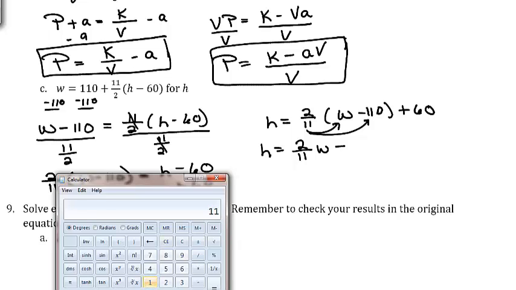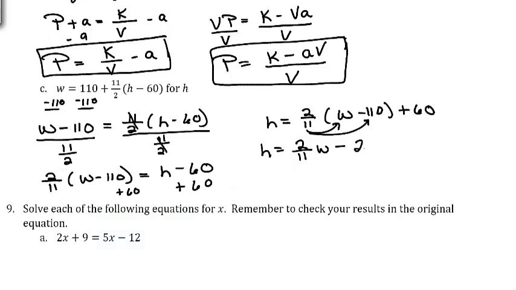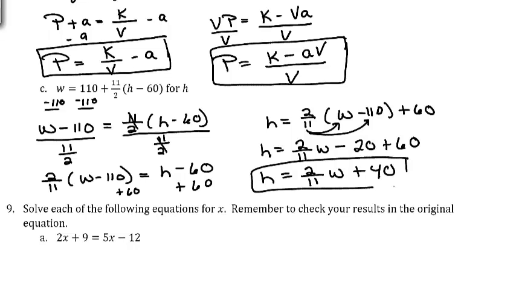So we're taking 110 and multiplying that by the fraction, and because it's a fraction, put it in parentheses, 2 divided by 11, and close your parentheses, and then hit equals, and we get 20. And then we have plus 60. So we get H is equal to 2/11 W, and then negative 20 and positive 60 gives you plus 40. So this looks a little bit nicer than this formula that we have up here.